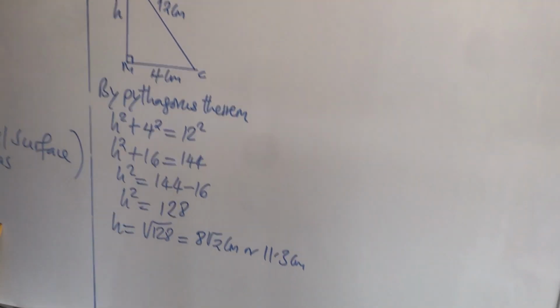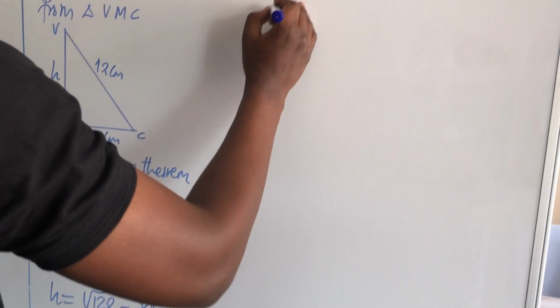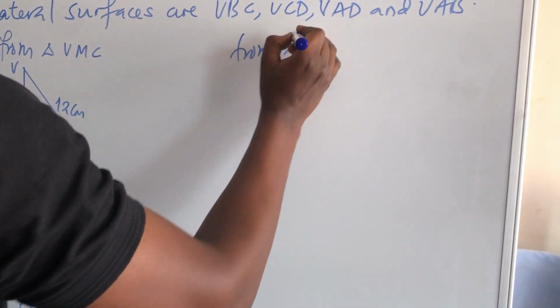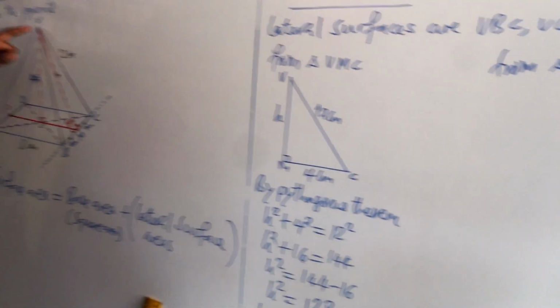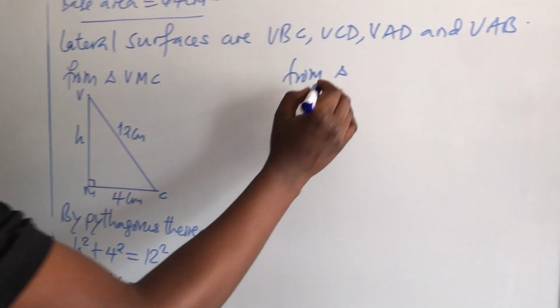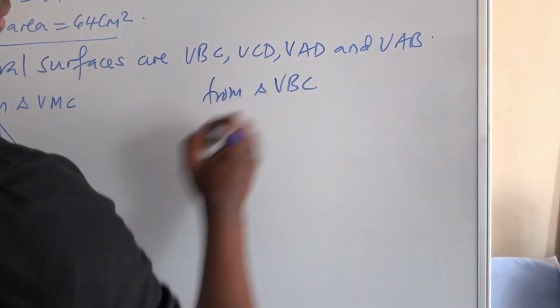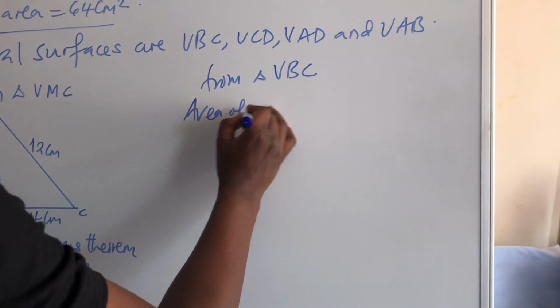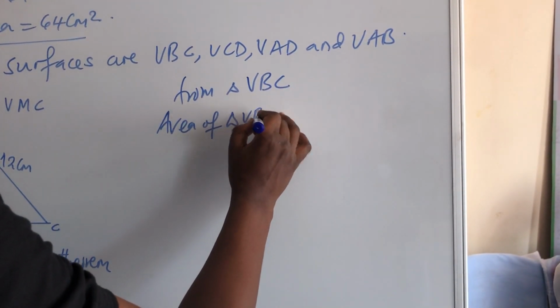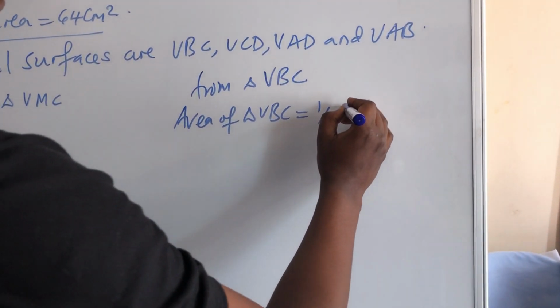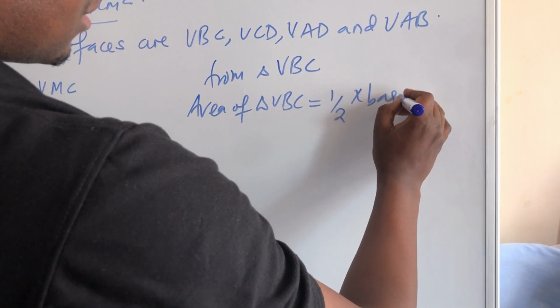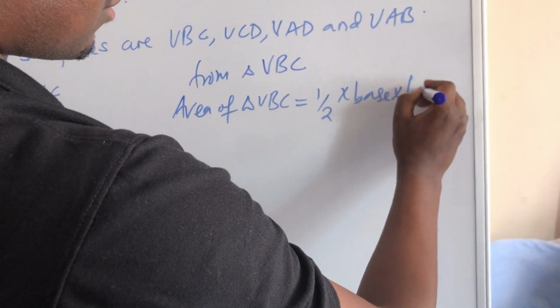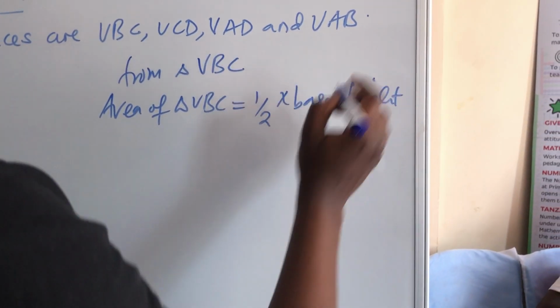Now after getting this height VM, we can say from the triangle, this lateral face VBC, the area of the triangle VBC will be equal to a half times the base of that triangle times the height of the triangle.